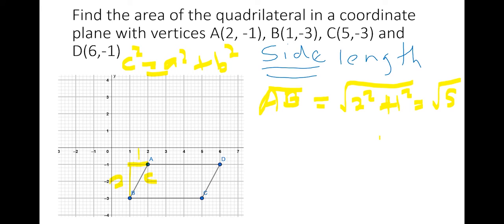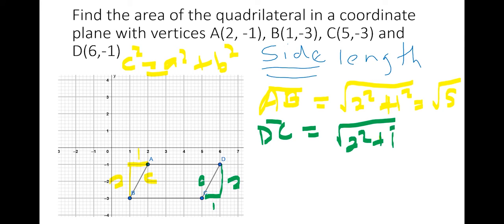Now we find the side for DC. So 2 and 1, and this is our C. So it's 2 squared plus 1 squared, so it's square root of 5 again. Now we want to find side AD. Let's count our squares since they are square units.